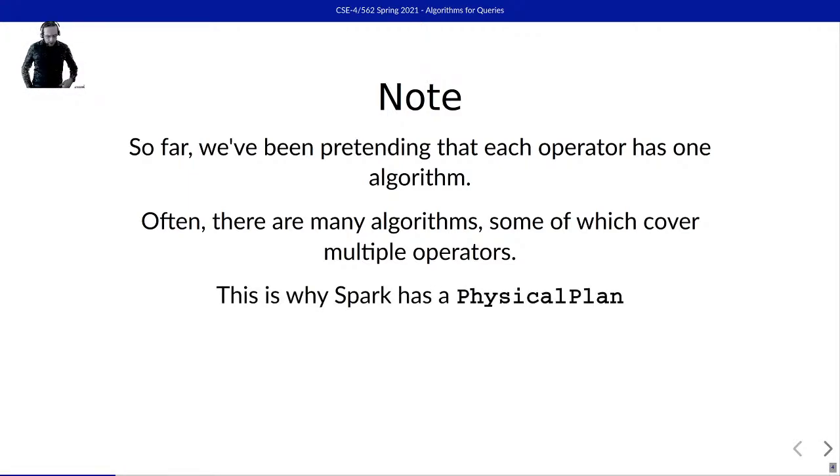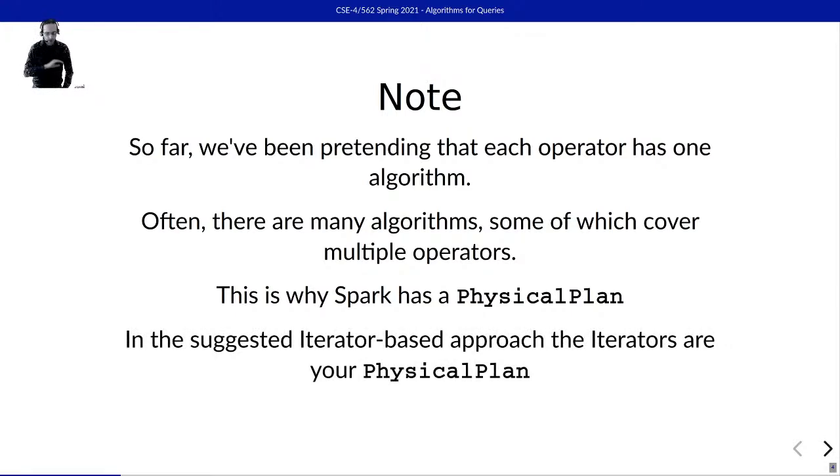So in Spark, this concept is captured by what it calls a physical plan, where nodes in a physical plan essentially capture multiple different operators, and they correspond directly to a specific algorithm implementing those operators. For our purposes in this class, we're not going to be dealing with enough different algorithms.